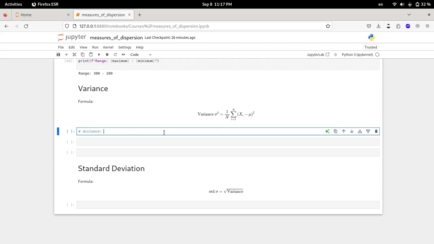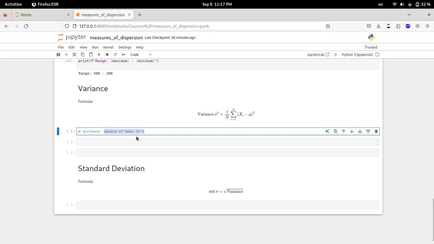that measures what? Mean to, suppose our data point is x, this distance is mean to x, and this should be squared, that is, the square of mean to x. This is the variance.